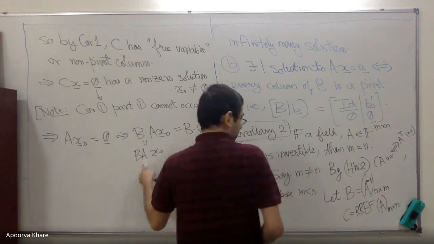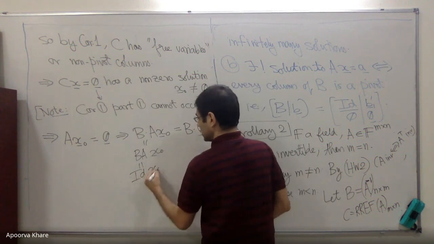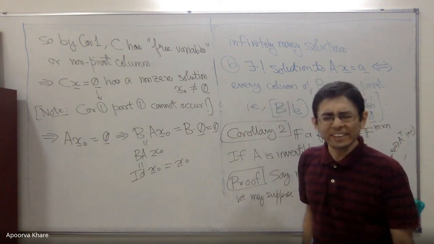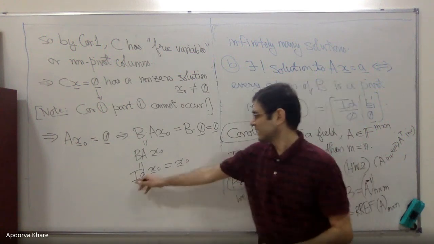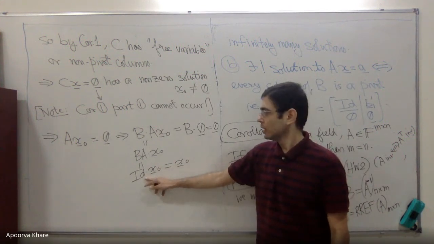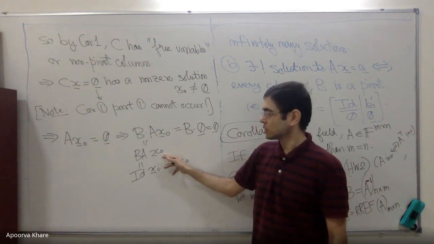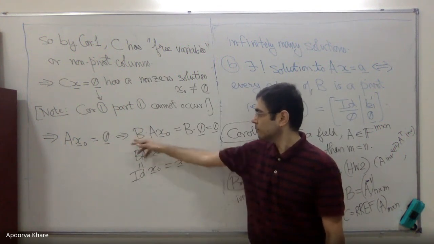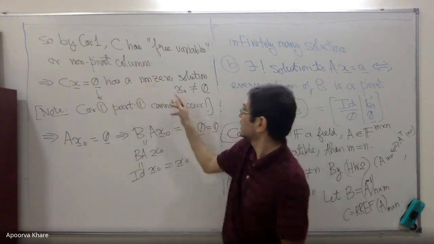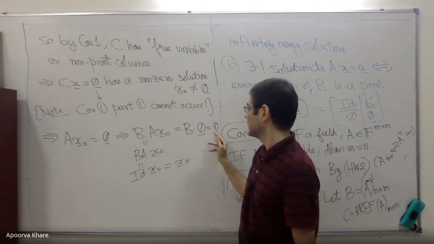But BA is the identity matrix because it's an inverse, and the identity times anything is itself. So X naught equals identity times X naught, which equals BA times X naught, which is B times AX naught. But AX naught is 0 because CX naught is 0, since they are row equivalent. So B times 0 is 0.